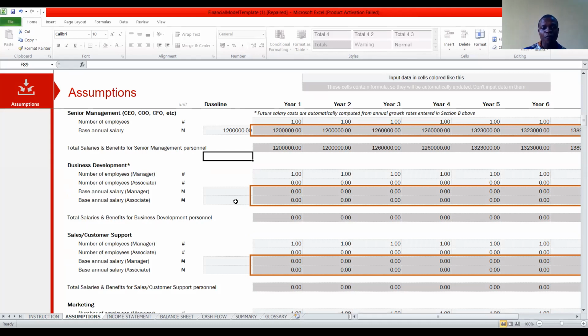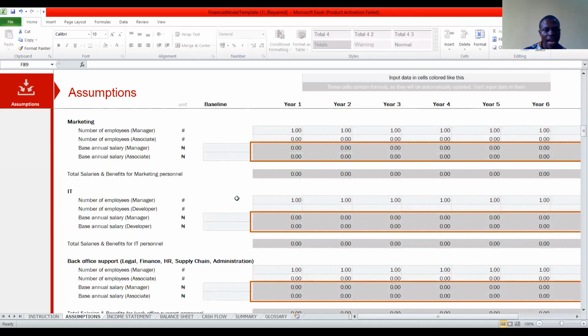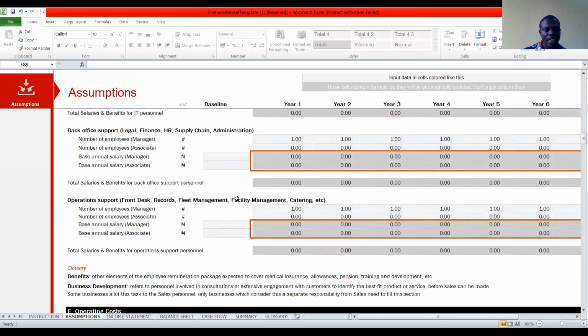Then you now have three staff who are on full time. Let's say they are the factory workers. You can change here too. Factory workers.